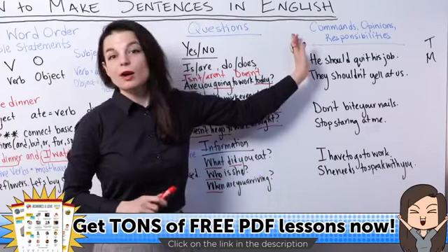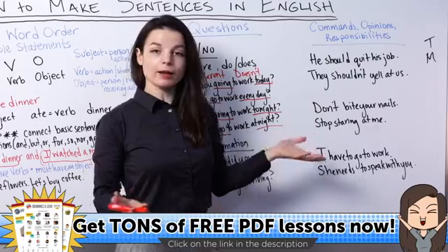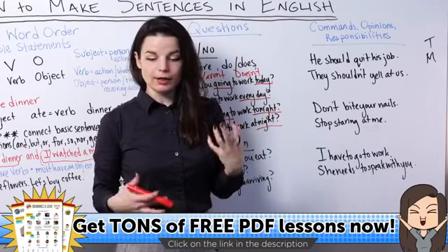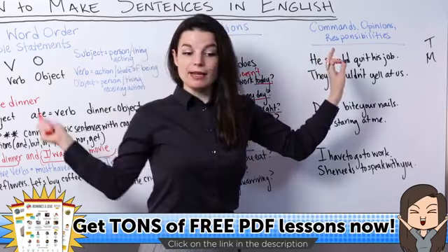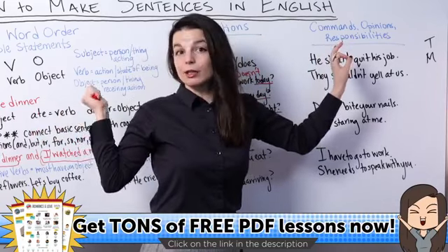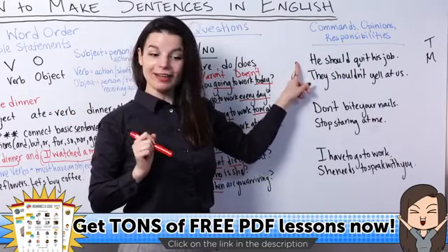Commands, opinions, responsibilities. I included all of these because they're quite common. And also we can look at how these are slightly different from the basic sentence order I introduced at the beginning of the lesson. Let's begin here with advice.